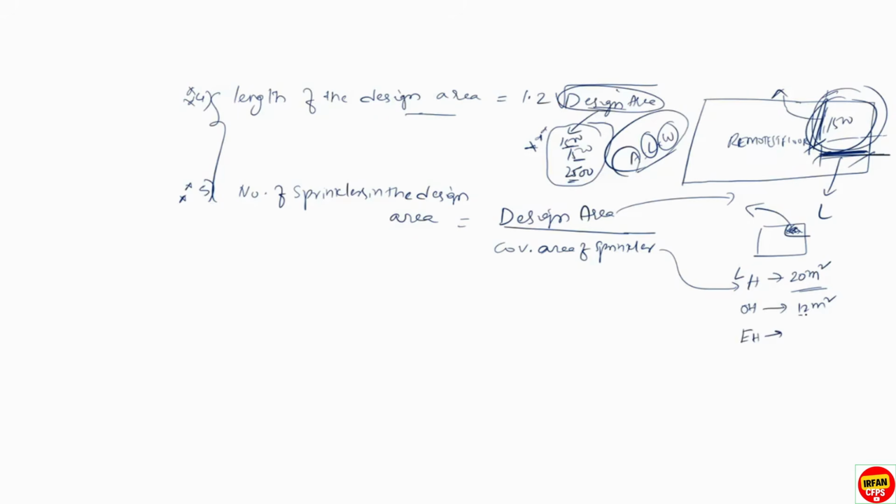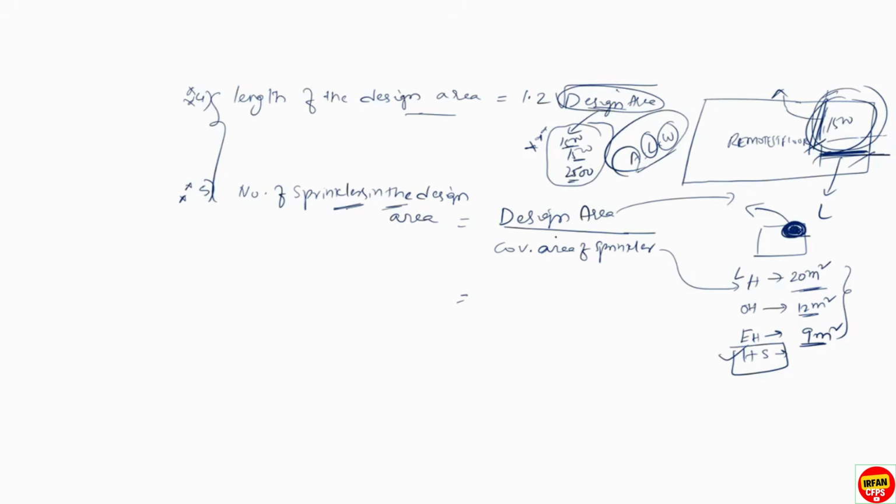For extra hazard, this is the maximum requirement; if you have extra hazard or high piled storage hazard, you consider a maximum of 9 square meters coverage area per sprinkler. So based on this formula, you can calculate how many sprinklers are required in this remotest design area.